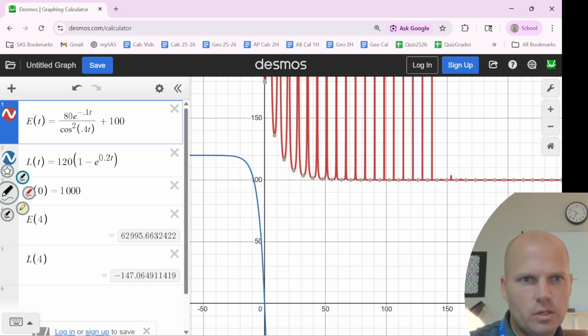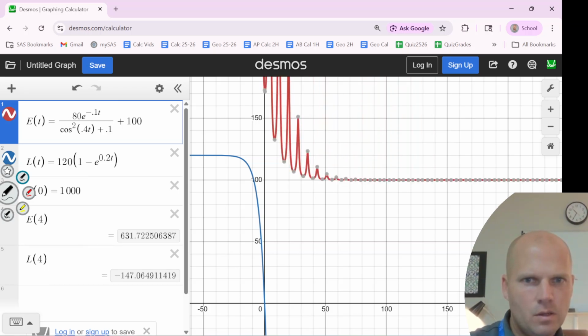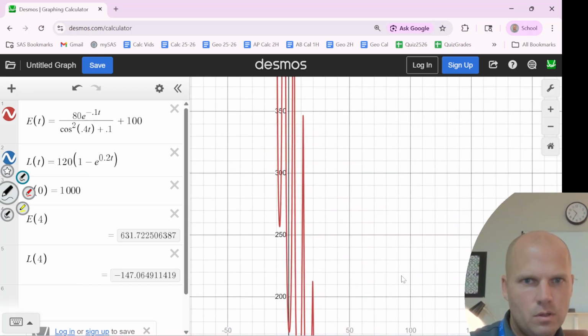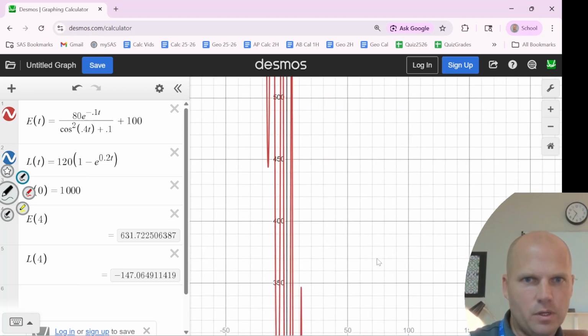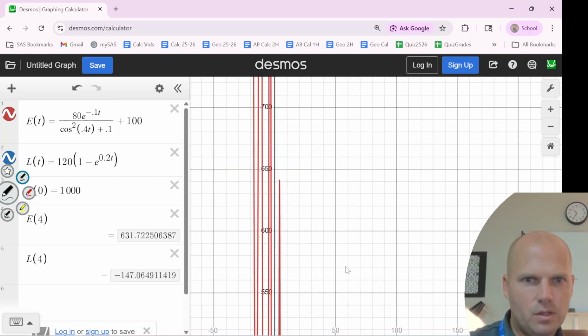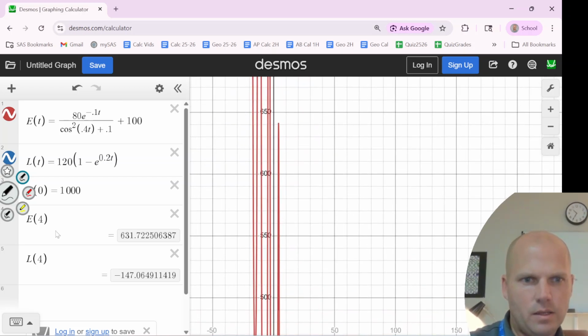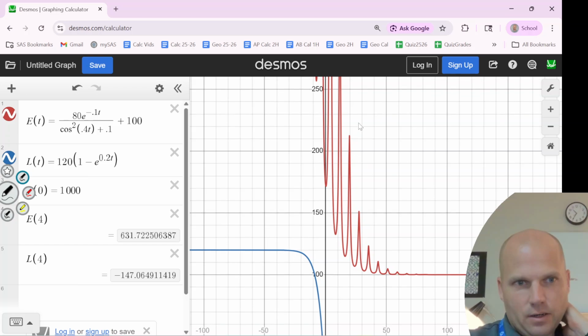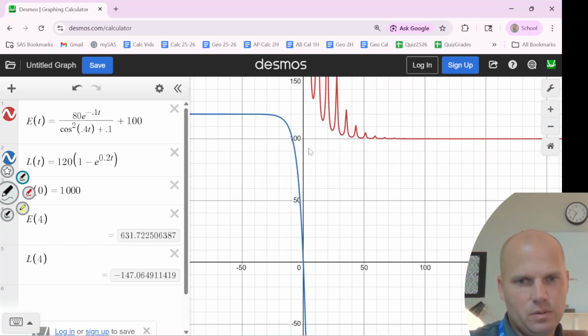Making sure this never hits 0. Maybe we don't want to go all the way up to it. That looks better. L should be positive too.